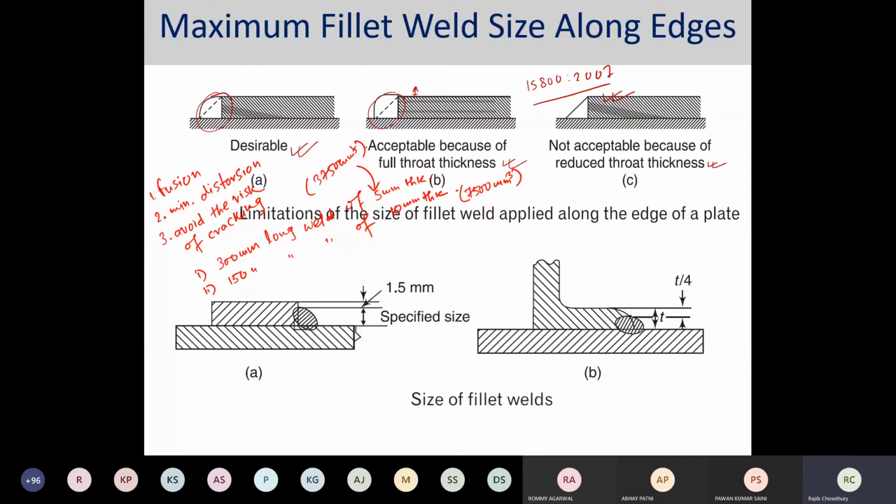Now when the fillet weld is applied to a square edge, as per the code IS 800, there are certain specifications: you have to keep your welding such that the weld starts 1.5 millimeter from the top. It should not cover the entire portion, in order to reduce the stress concentrations.